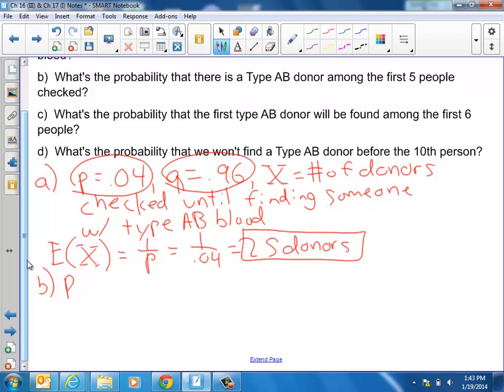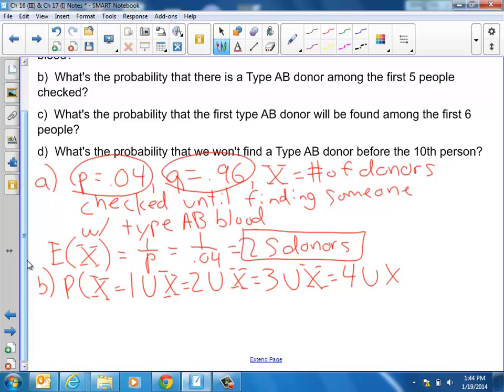We want the probability that the first person whose blood we draw has type AB, or that the second does, or that the third, or that the fourth is the first person to have type AB, or that the fifth person is the first person to have type AB blood.